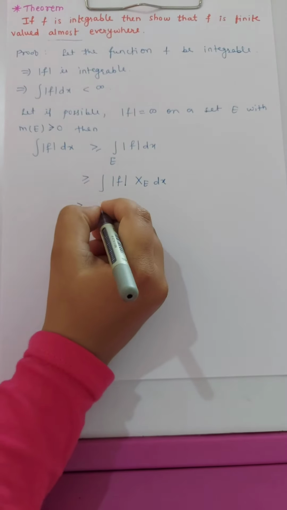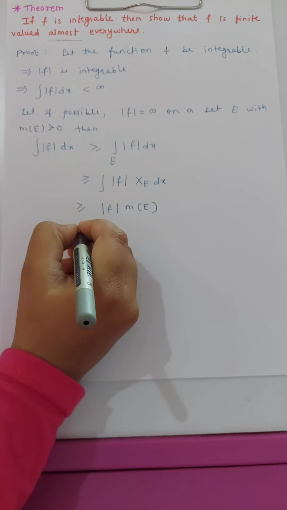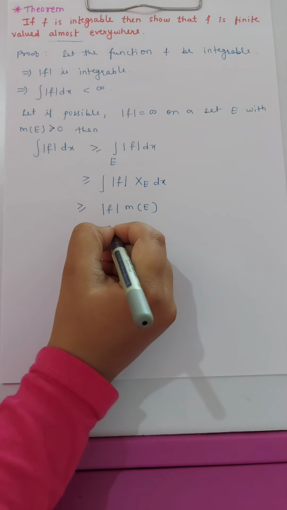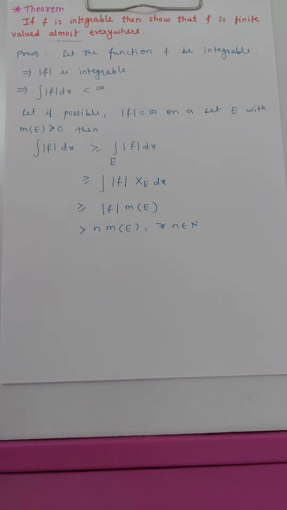So again by definition this is mod of f times the measure of E. So this is greater than n times the measure of E for all n belonging to the set of naturals.